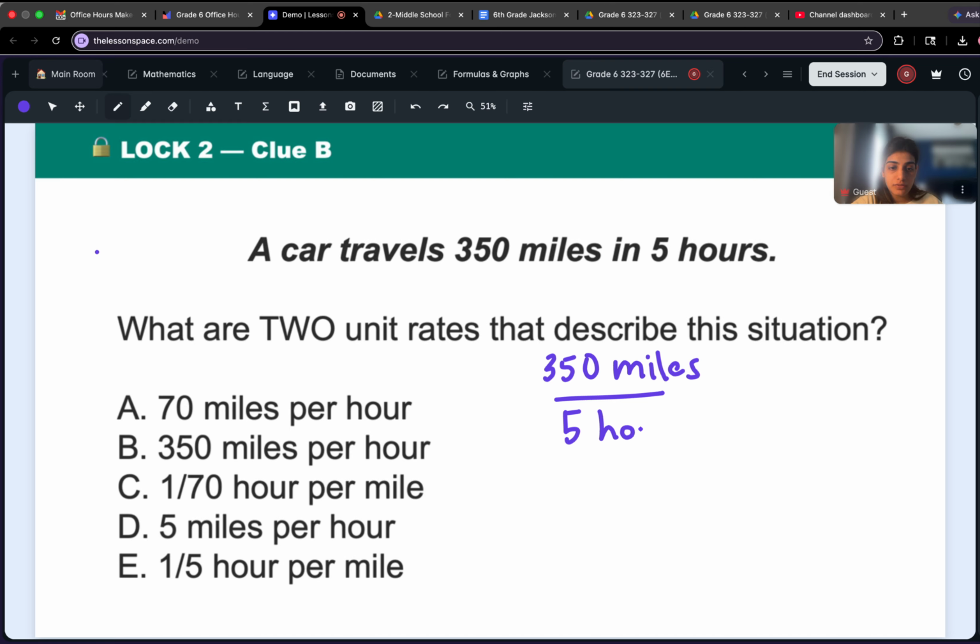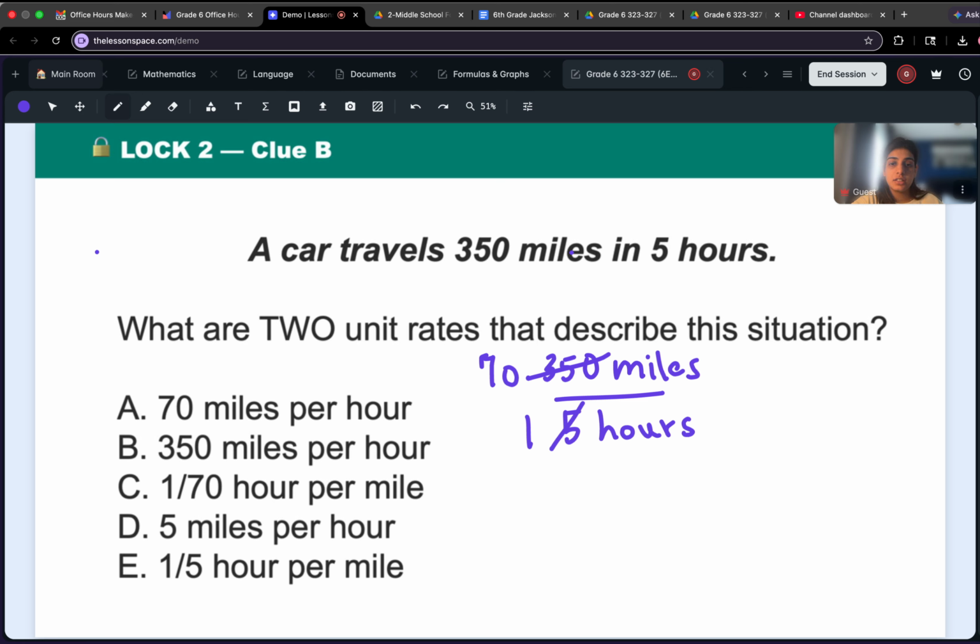So to find how many miles are covered in 1 hour, we will divide. 5 times 1 is 5. 5 times 70 is 350, right?